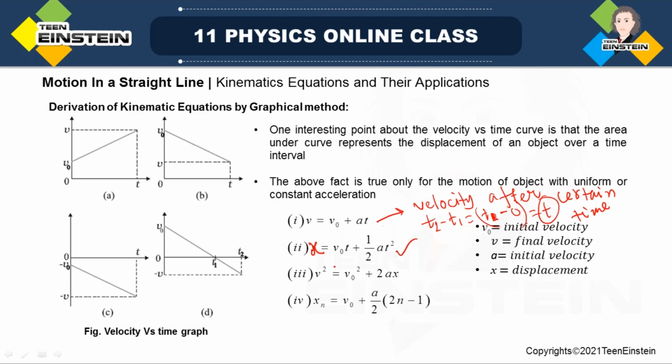Now what does this second equation signify? This signifies that if you know the initial velocity and the average acceleration, you will be able to find the displacement of the object after any time interval t. This is what the second equation of motion is inferring. Now this is the third and this is the fourth equation.